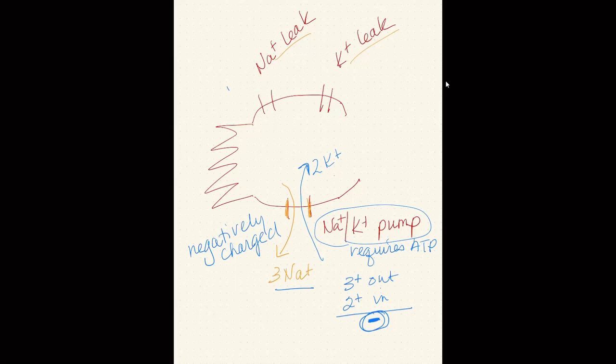We're getting excess potassium inside, because it's getting pumped in over and over again, and excess sodium outside because it's getting pumped out over and over again. So we're starting to lose equilibrium. So the potassium will start to leak out because it's at a higher concentration inside, and the sodium will start to leak in.